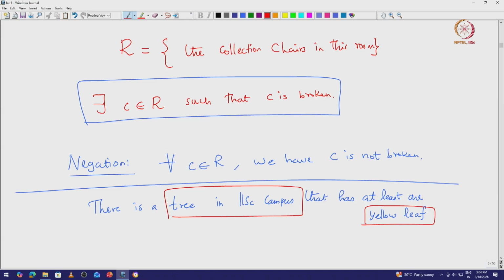That means what should be the set? The set should be the set of trees in IISc, and the property that it enjoys. So, one tree that we are able to find in the campus such that it has at least one yellow leaf.